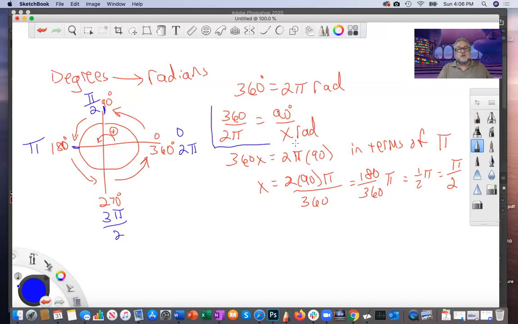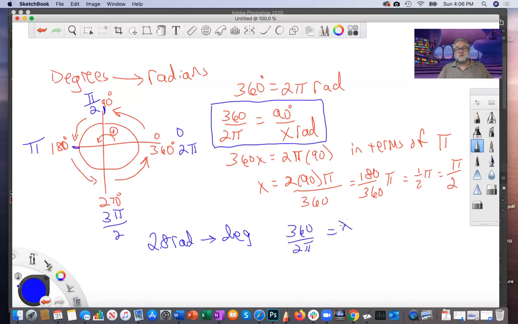Here's how I'm going to convert every one. If I have to convert, I don't know, 2.8 radians into degrees, then I'm going to do 360 over 2 pi equals x degrees over 2.8 radians.